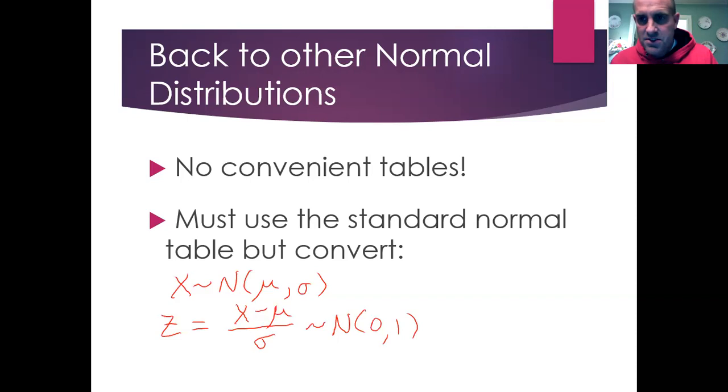These things are unitless, okay? So think about it. If x was in dollars, then the mean is in dollars and so is the standard deviation. Those are both in dollars. So if I take dollars minus dollars, which is x minus its mean, that's still dollars. But then if I divide by the units of dollars, the dollar units are going to cancel and you get a unitless quantity.